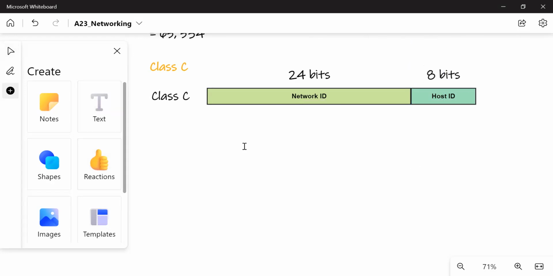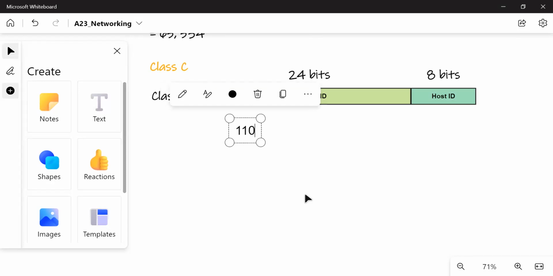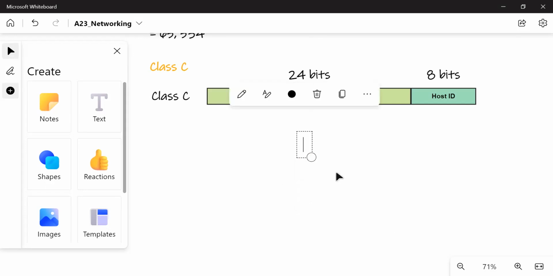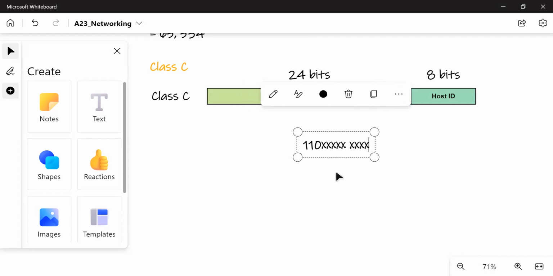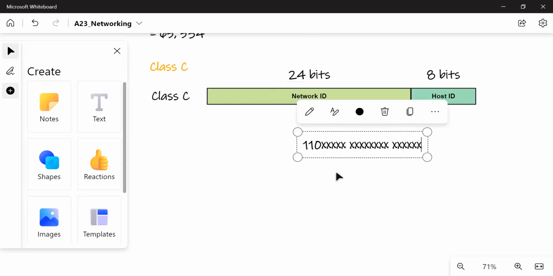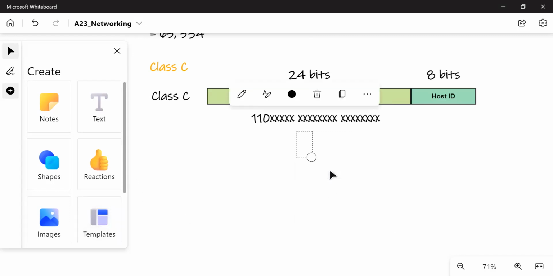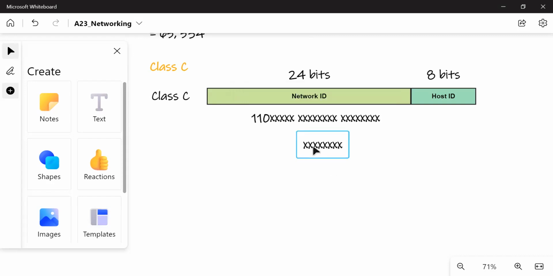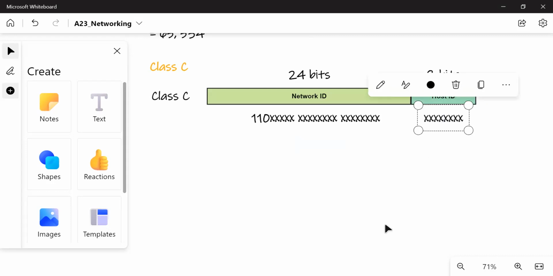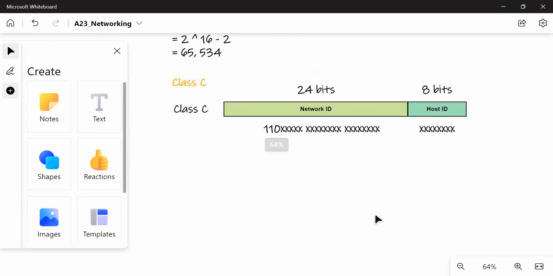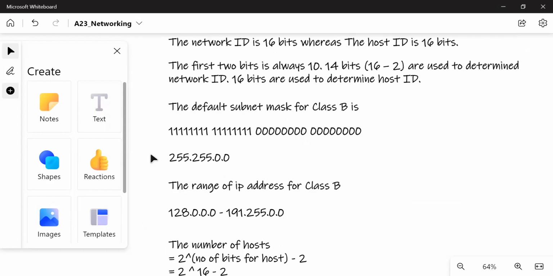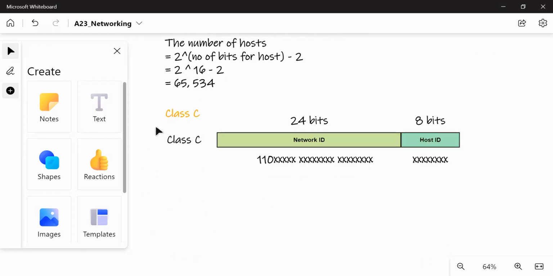As I told you earlier, it starts with 110, and then the remaining is for the network, and the remaining 8 bits we will allocate for the hosts. So that's how class C looks like.